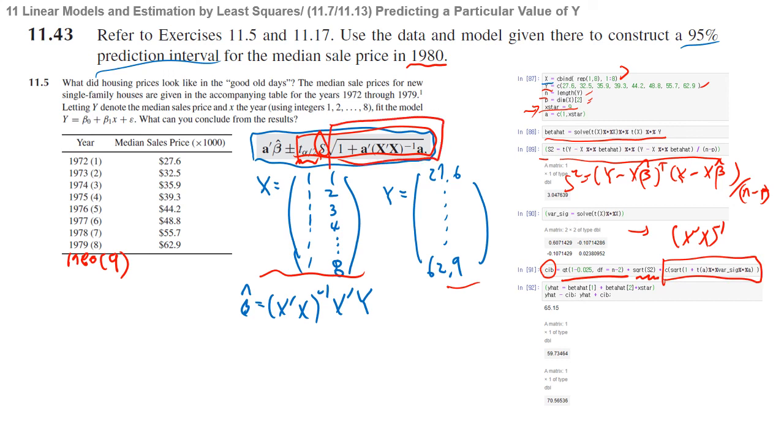To calculate the bound, we take y hat minus the bound and y hat plus the bound, which is this. This result is the same as the previous calculation, 59.73 to 70.57. Okay, so this is the bound for the predicted value.